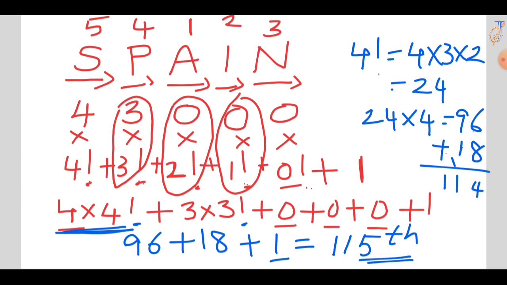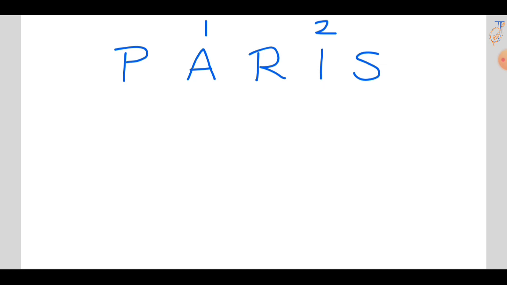Isn't it so easy? Let's see the word PARIS. A comes first, then I comes second, P comes third, followed by R, then S. Now focus on P. Look to the right. Count how many letters have a lower rank than 3. We have 1, that is A. We have 2, that is I. So we have 2 letters, just write 2.